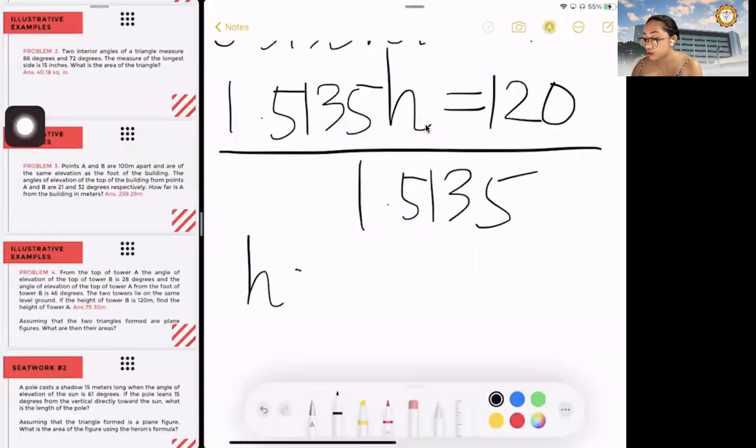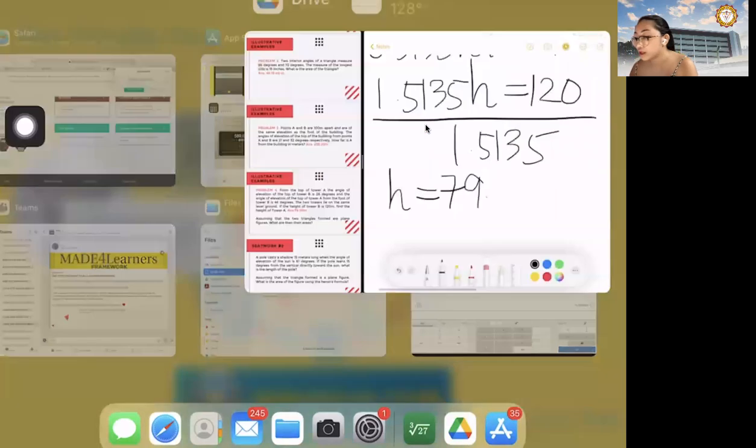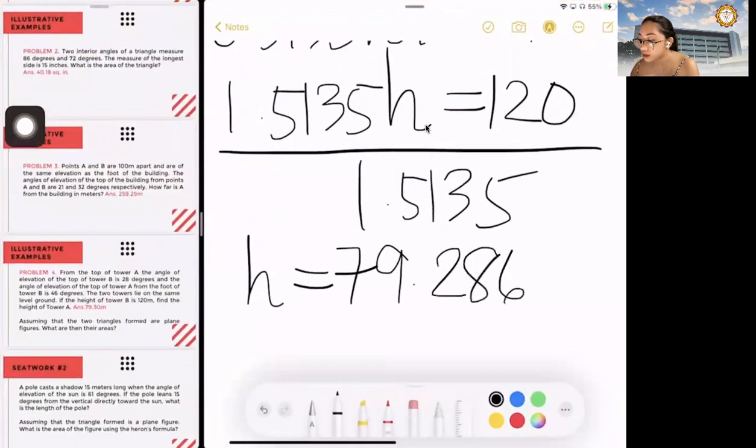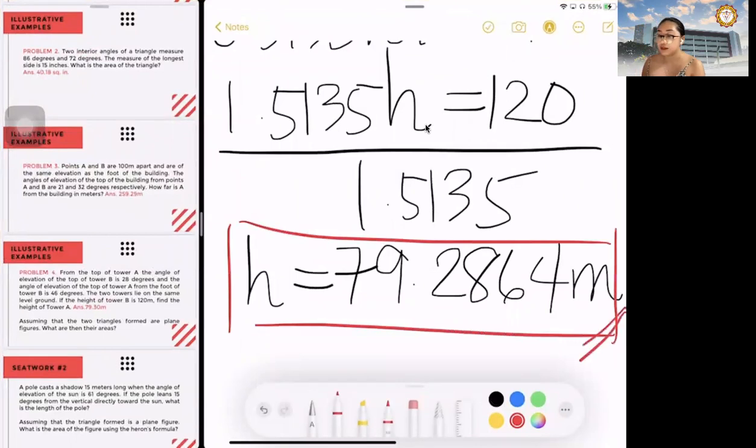Is it in meters? Yes, in meters. Do we have the same answer? Yep. Okay, so that's the answer.